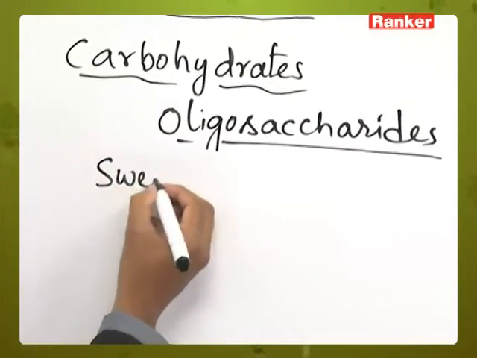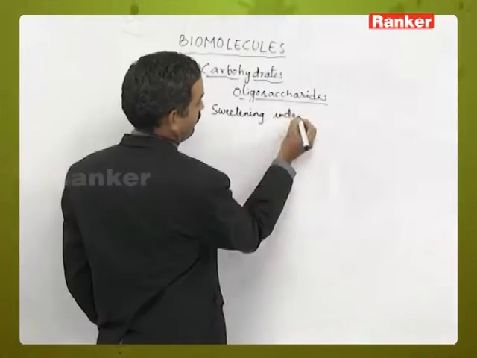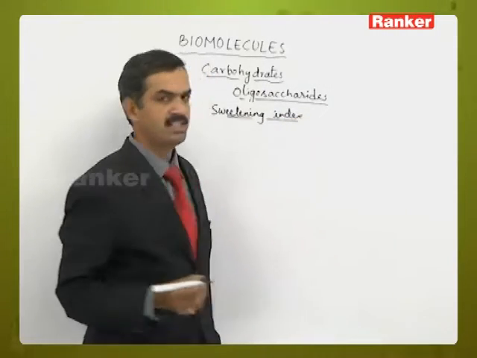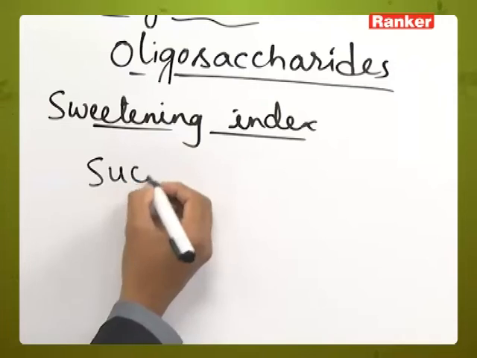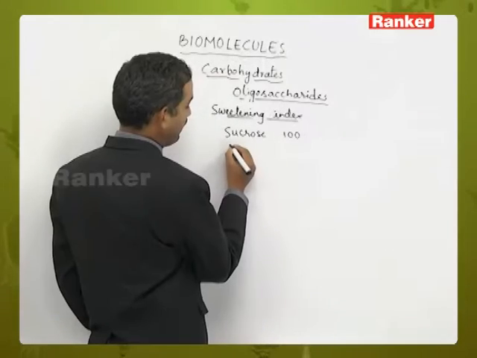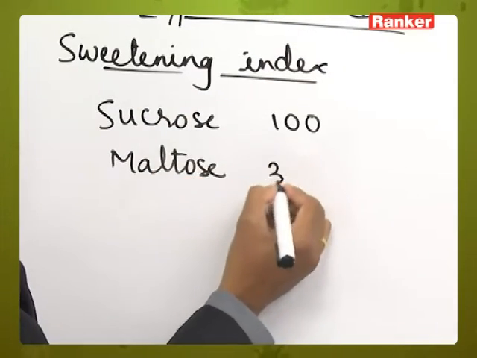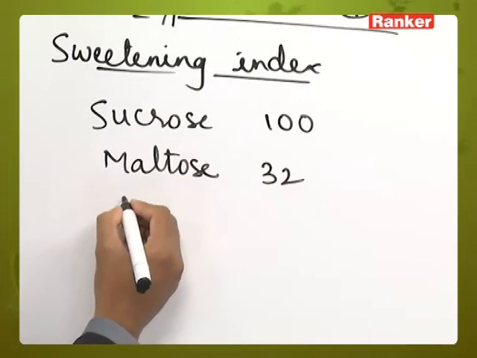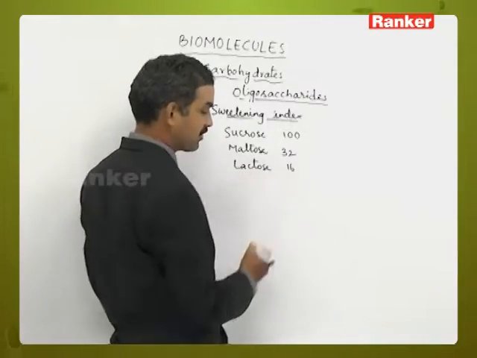Next one, sweetening index. It shows the sweetness of a particular sugar molecule. Here sucrose has a sweetening index of 100 and maltose has a sweetening index of 32. Then lactose has 16.